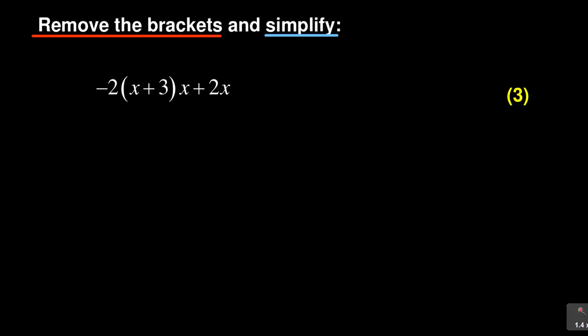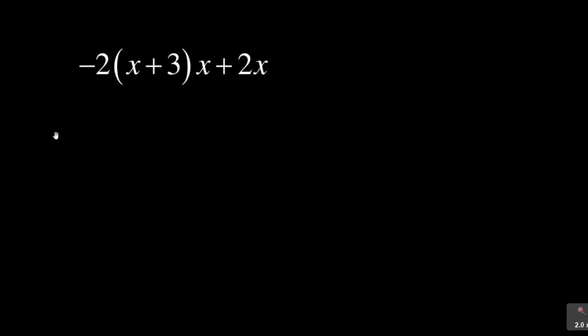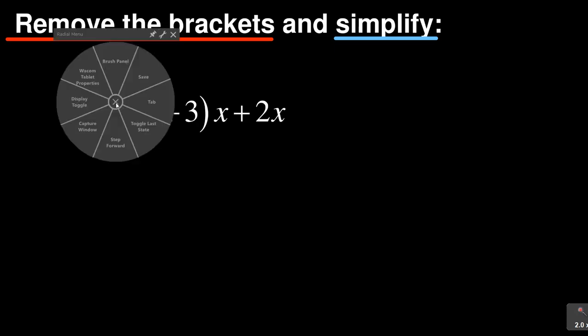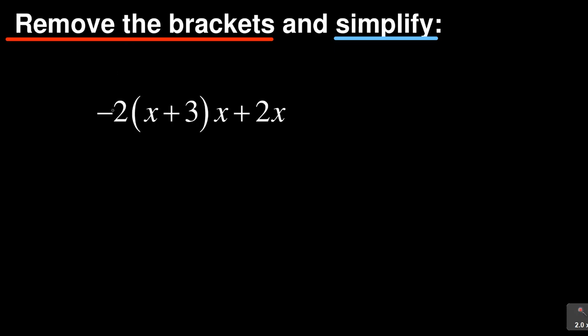So for me here, let me just expand this. As I said, I need first to remove the brackets. So let us remove the brackets, as we need to do that first. Now, to remove the brackets, if you check carefully here, the negative 2 has a bracket, meaning the negative 2 is affecting that x, and the negative 2 is also affecting that 3.